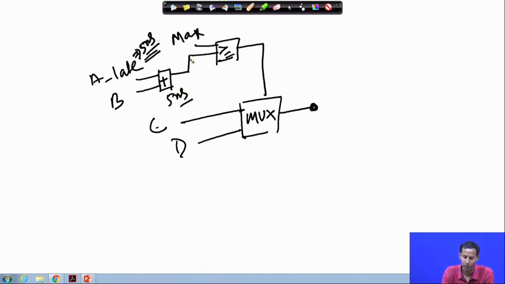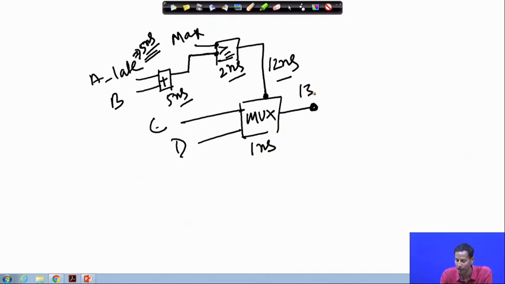So, that means after 10 nanoseconds I will get the signals over here, and then it will be compared with max in this particular case. Let us consider this comparison takes 2 nanoseconds. So, after 12 nanoseconds this select signal is available to this particular mux. Now suppose the mux has 1 nanosecond of delay.